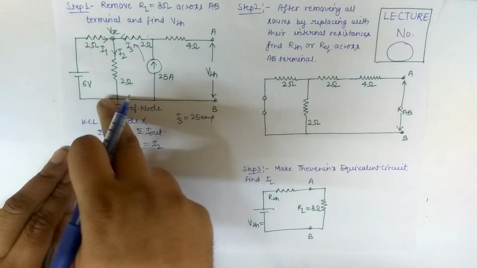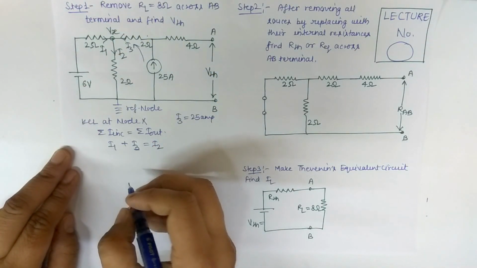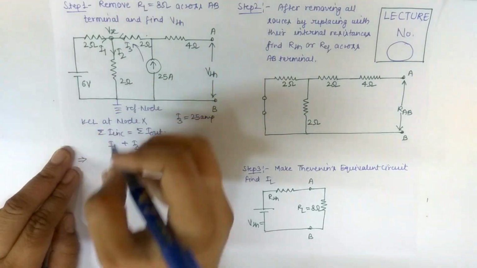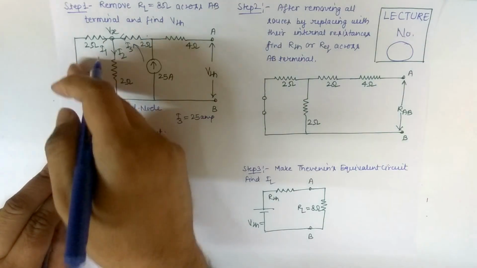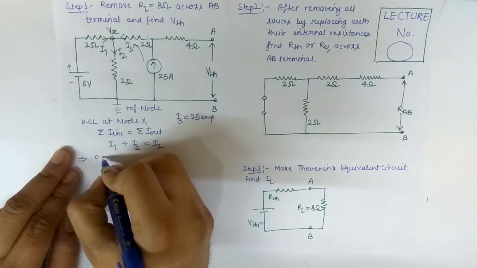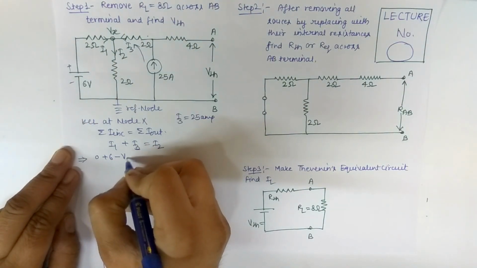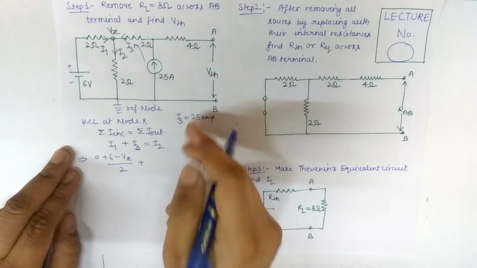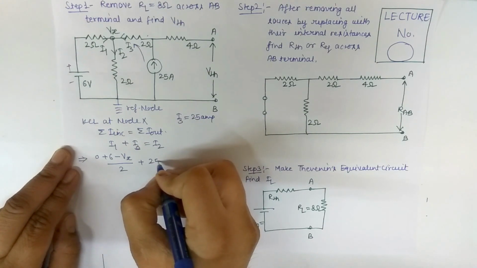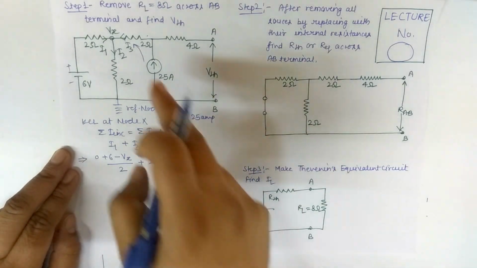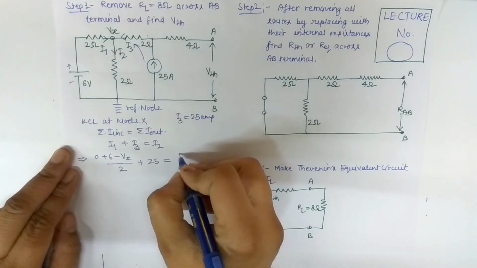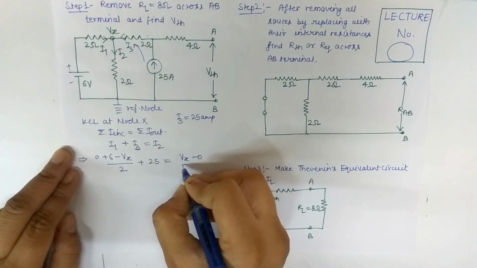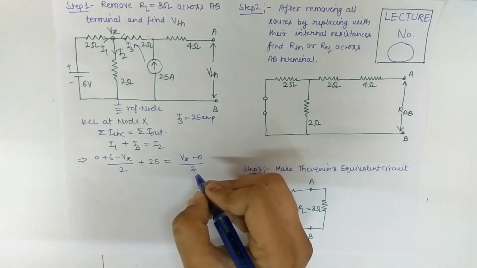Now we solve the I1 branch by using I is equal to V upon R. Start from here: this is 0, the last terminal of this battery, plus 6 minus Vx upon 2, and we know that I3, that is 25 ampere, is equal to I2. So this is Vx minus 0 upon 2. So this is the equation.